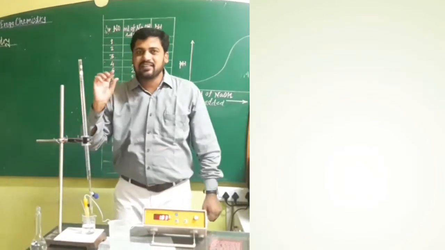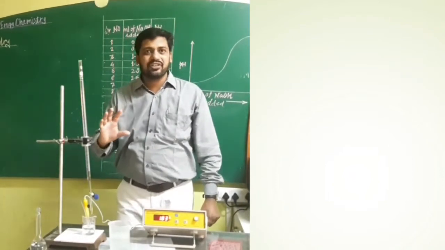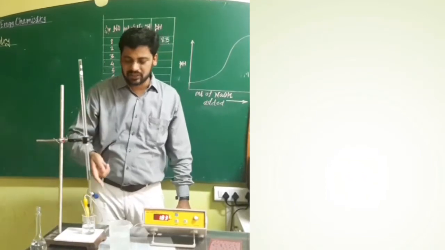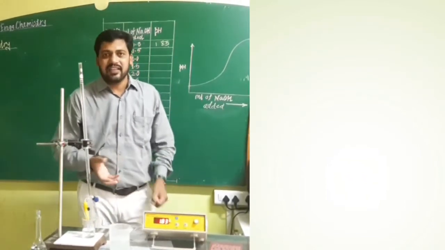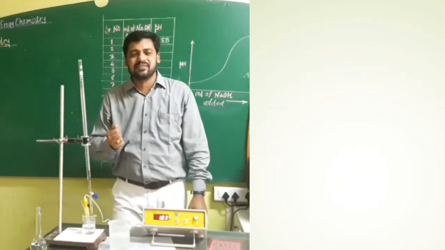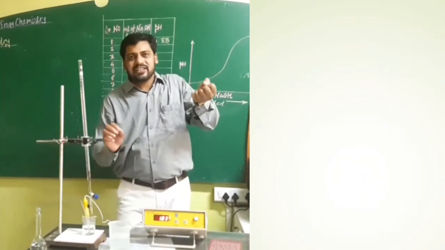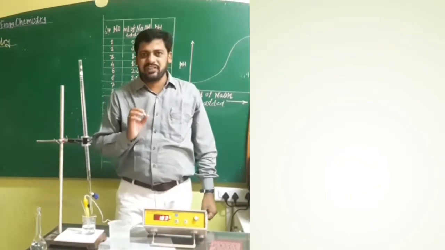Now we add 0.5 ml of NaOH. It consumes the H plus ions from the HCl, and if H plus ion decreases, the pH value increases, because H plus ion is inversely related to the pH value.